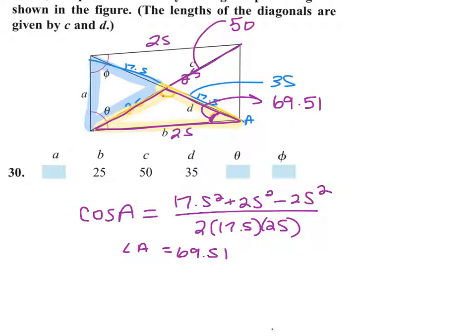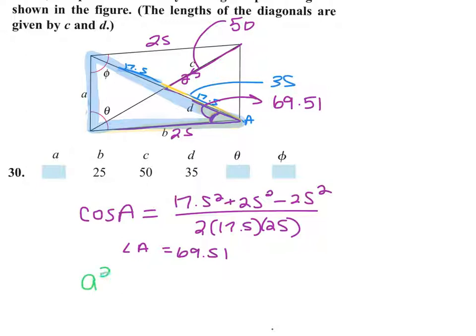So now I can use that to get side A. I'll just rewrite that one. So now I'm using that triangle, okay? I've got the side lengths, like what looks like almost a hypotenuse, and the bottom side and the angle opposite the side A, which is 69.51.